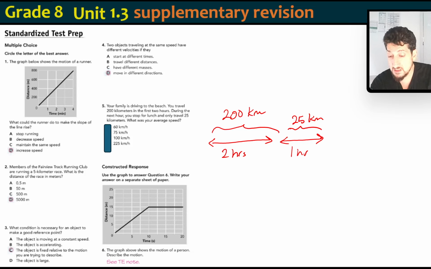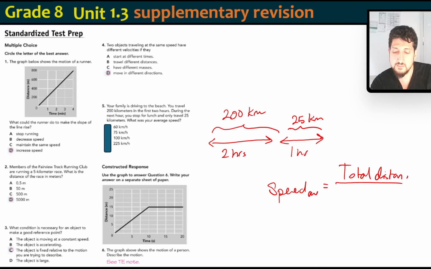So average speed equals total distance divided by total time. I hope you remember this. Total distance divided by total time. Oh man, I slaughtered the word time.